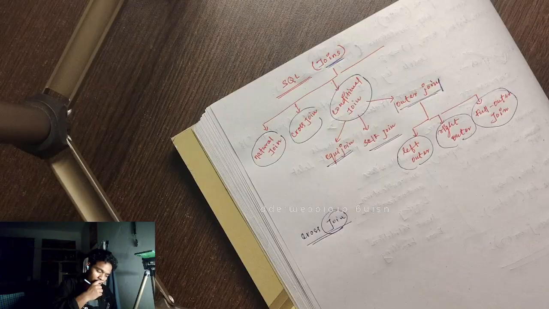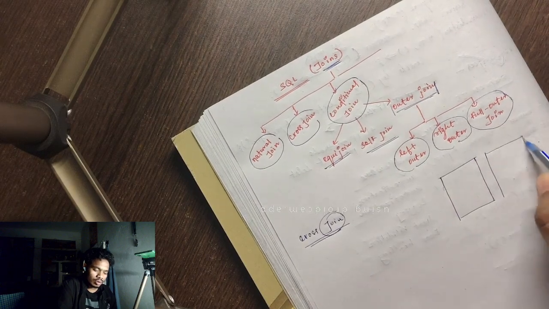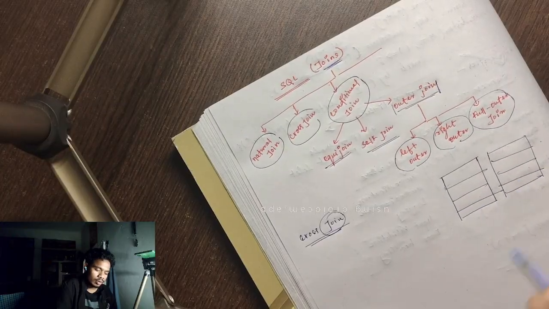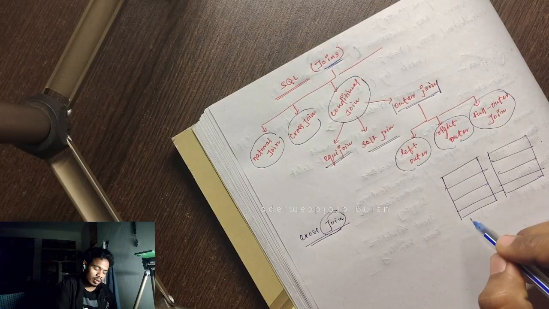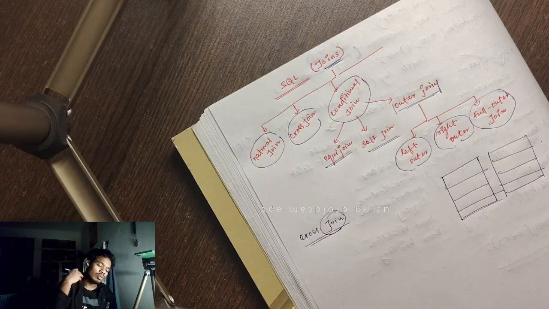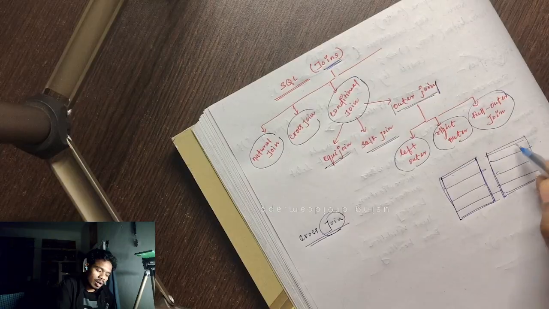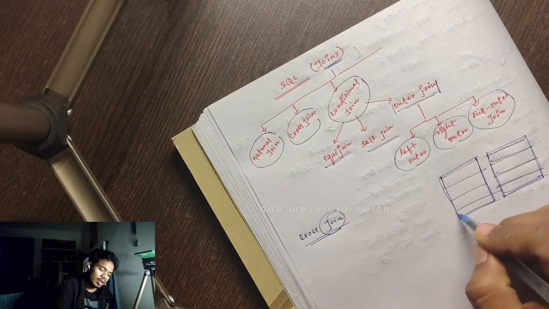If we talk about why we use join, if a question gives us two tables, and to answer that question or to make any query for it we need both tables at a time, how can we use both tables at a time?